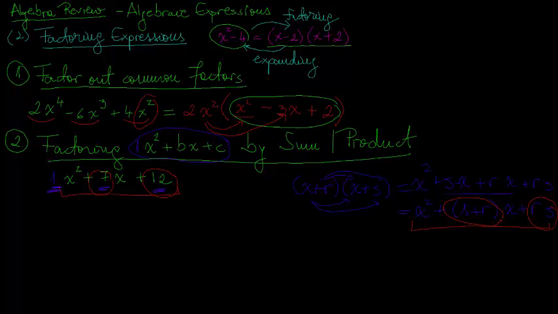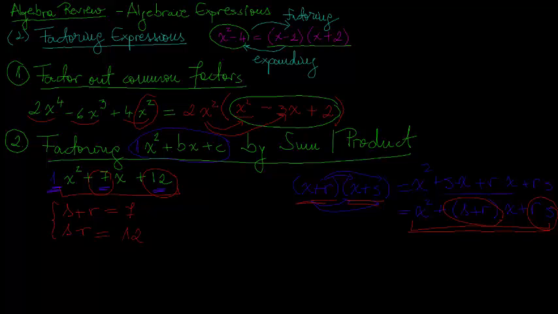So in order to break this expression into the product of two simple parentheses, we need to find r and s. We're looking for two numbers, r and s, that add up to the coefficient of x. So we're looking for s plus r to equal the coefficient of x, in this case 7, and we're looking for the same two numbers, r and s, so that when I multiply them, I get the free coefficient, namely 12.